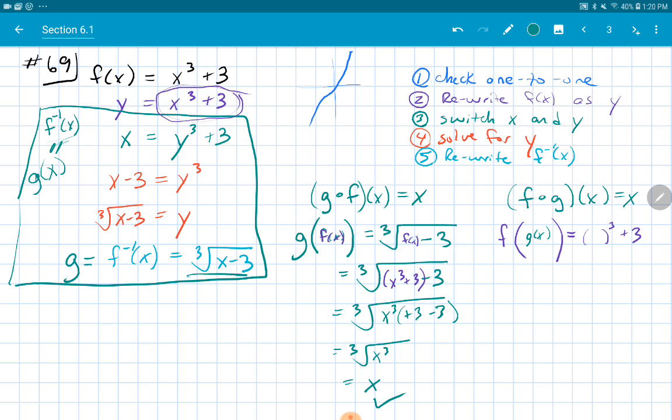And g of x is the cubed root, well, let's leave a little space for it. So I'm going to replace the g of x's with the cubed root of x minus 3. And putting that into f of x gives me this guy cubed plus 3.